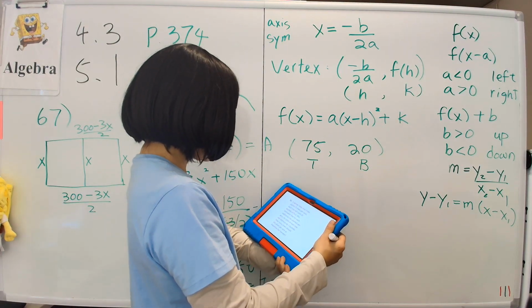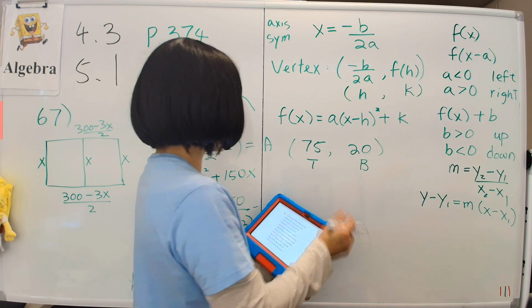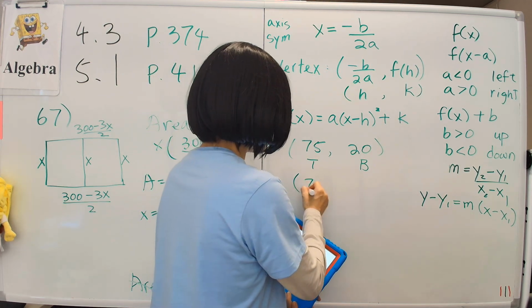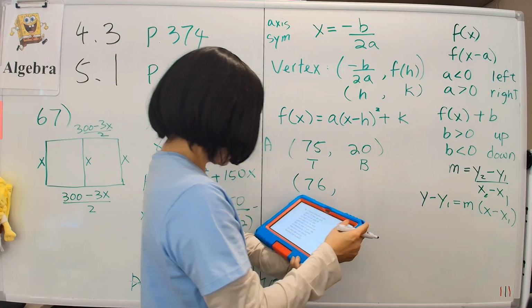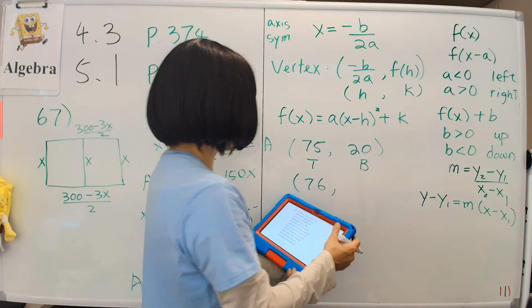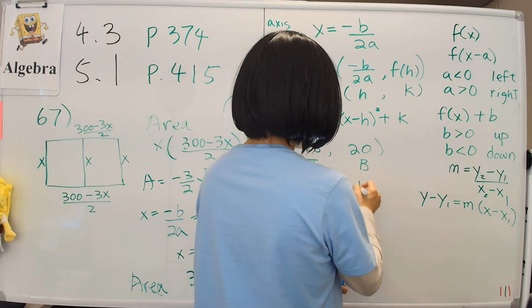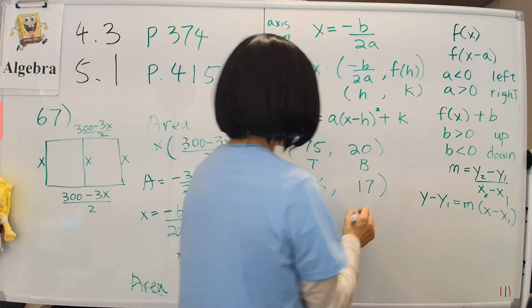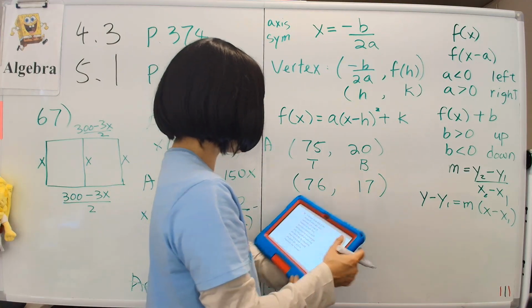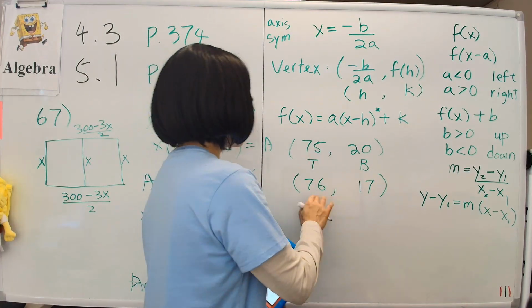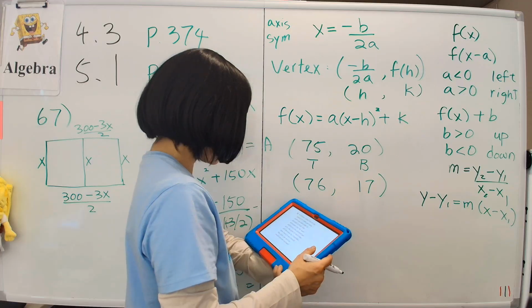And it says that for each additional tree planted, let's say she planted 76 trees, the yield will decrease by 3 bushels. So she'll only get 17 bushels if she planted, say, 76 trees. She only gets down by 3 bushels.